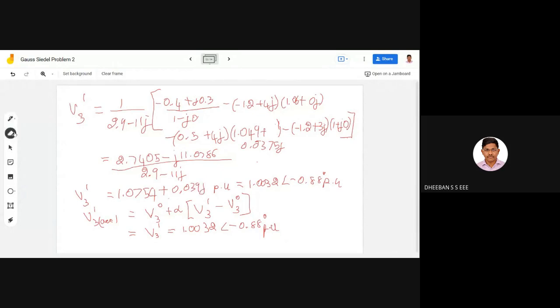Over here, V3 acceleration is equal to V3 only, no, sir? Yes, both. Now say the polar form: 1.076 at an angle of 2.072, sir. Okay, just take this.